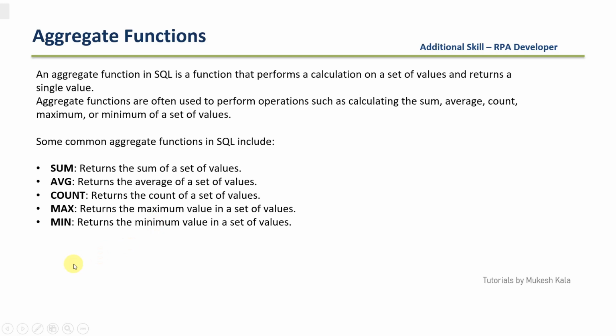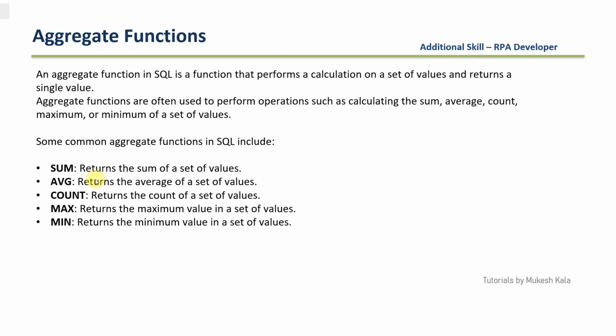If I have to give a quick overview, the sum, as the name suggests, will add up the values. Average gives the average. Count will give you the count of values. Min and max return the minimum and the maximum value. We are going to see what else we can do with these aggregate functions and what the scenarios would be where we can actually use them.